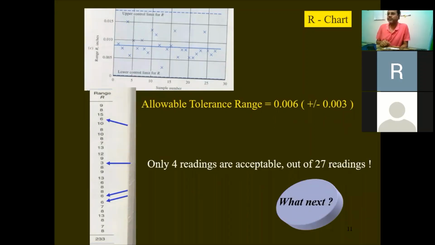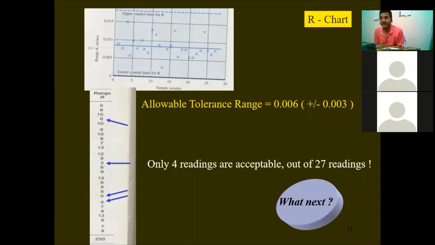But please see how many points are within the tolerance range. Forget about the control range, look at the tolerance range. Only 4 readings are in the acceptable region out of 27.